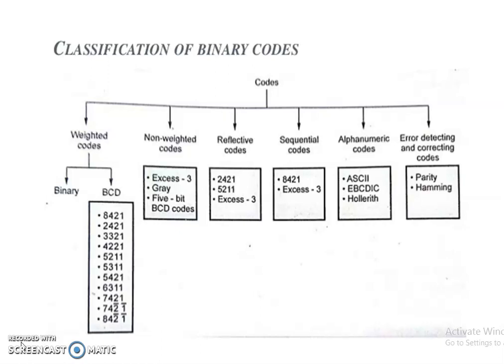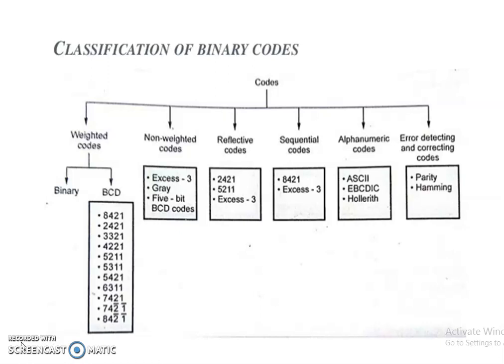That means 0000 to 1111. But in BCD code, only the first 10 of these are used. It means 0000 to 1001, and the remaining 6 code combinations, that is 1010 to 1111, are invalid in BCD.